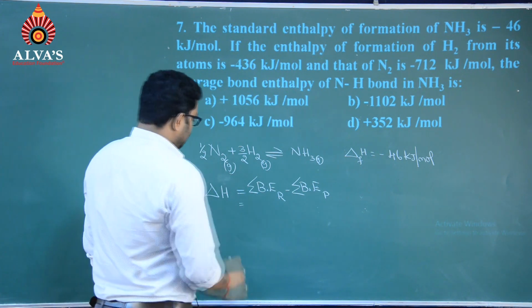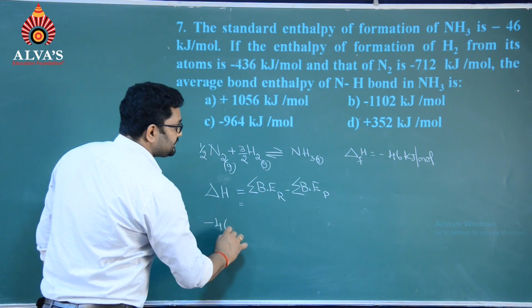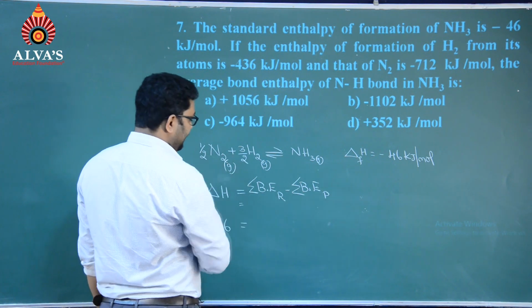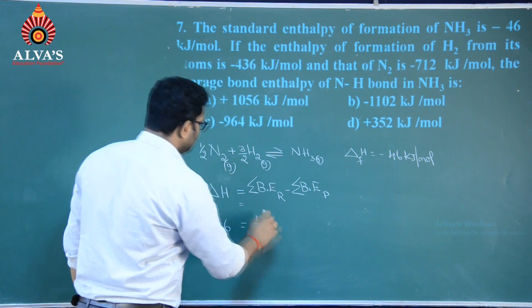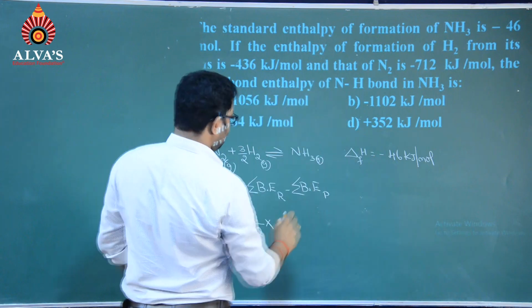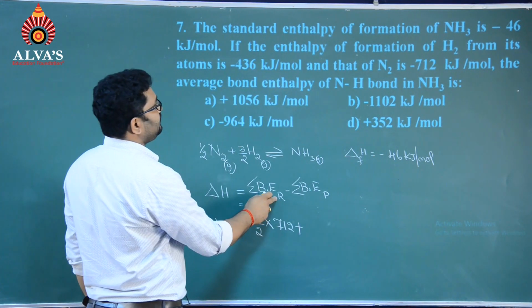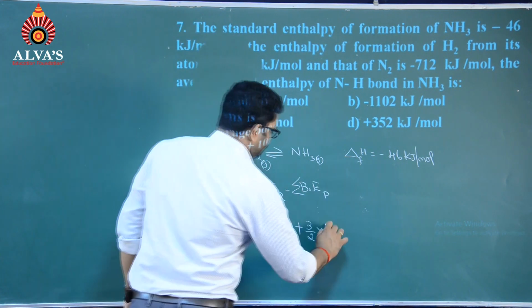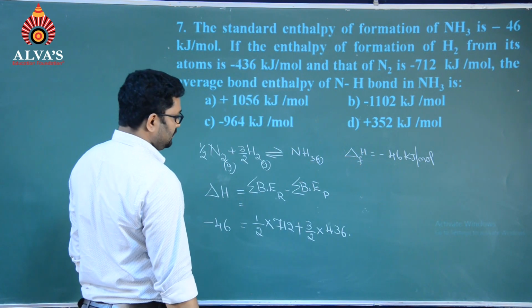Now delta H, the enthalpy of formation, is given, that is minus 46 kilojoules per mole, and we have 2 reactants, that is nitrogen and hydrogen. For nitrogen this is 1/2 into the bond energy for nitrogen, 712, plus one more reactant, that is hydrogen, 3/2 into 436 kilojoule per mole.